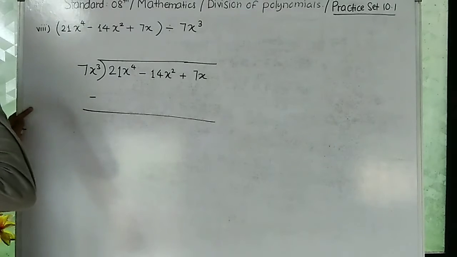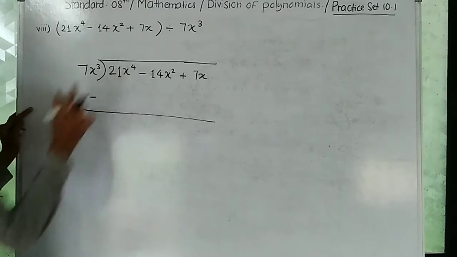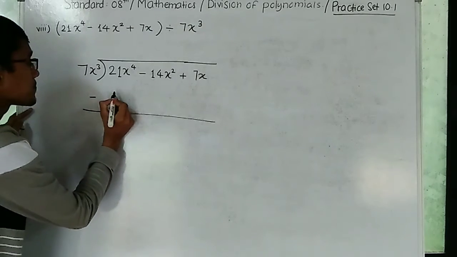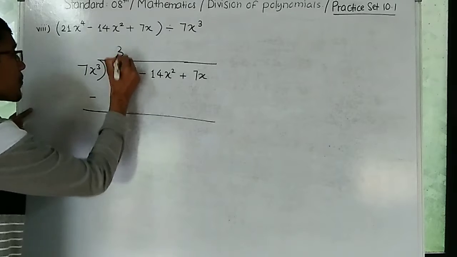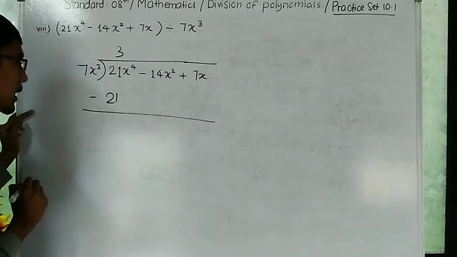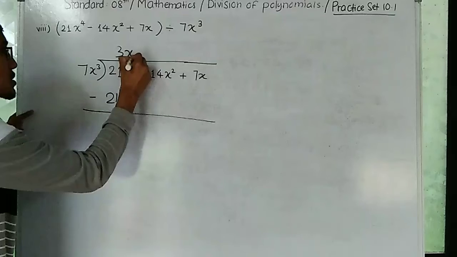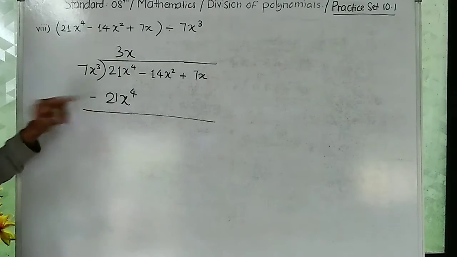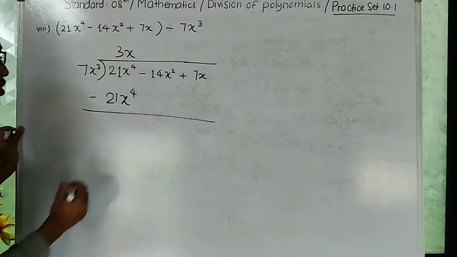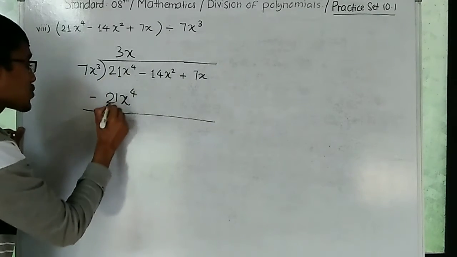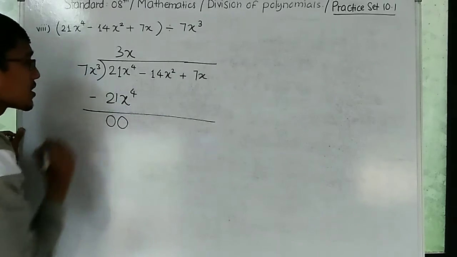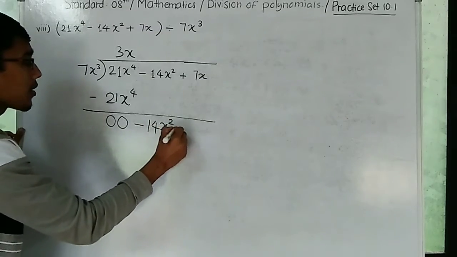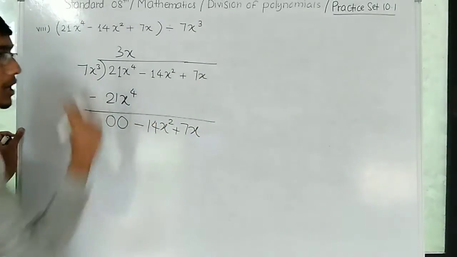Now 21x raised to 4, okay, so here I can take 7 3s are 21, okay, and x cube into x will give me x raised to 4. In that case 21x raised to 4 minus 21x raised to 4 is 0, and we will have minus 14x square plus 7x down.